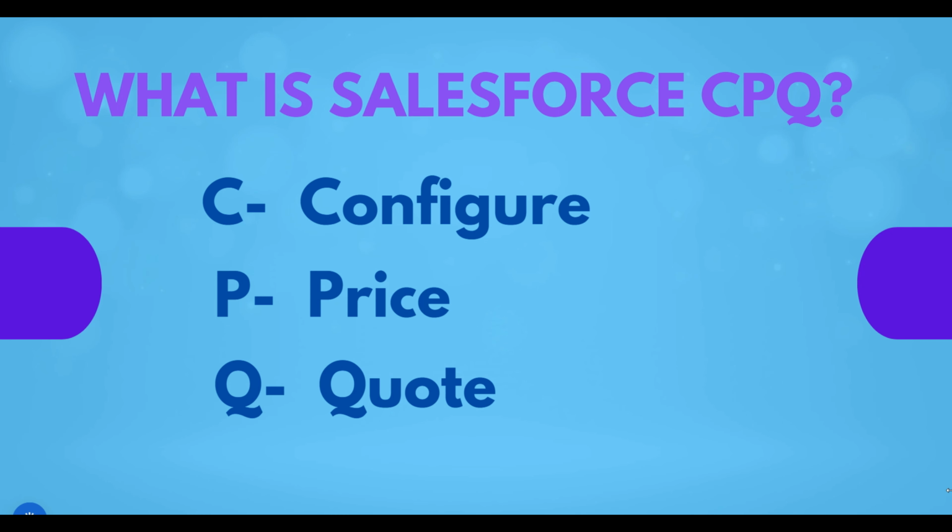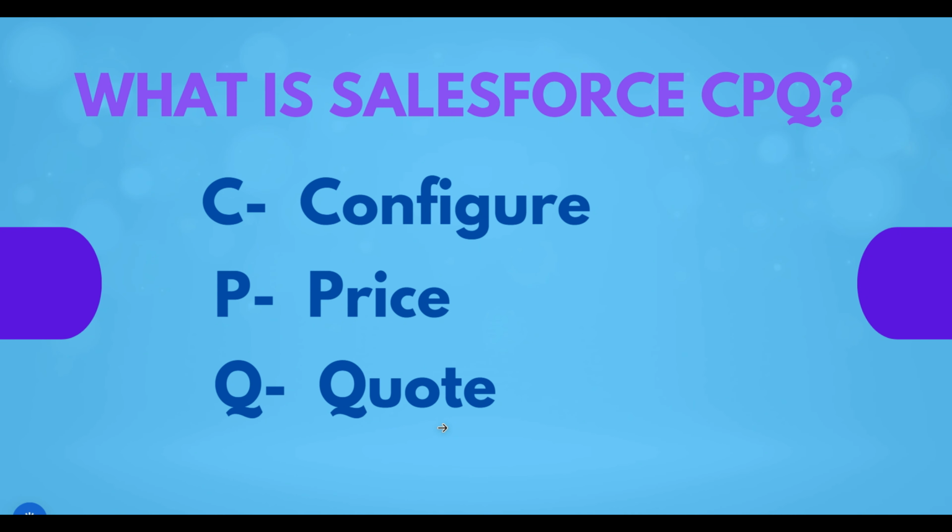So let's start with the basics. CPQ stands for configuration, price and quote. In simple terms, it is a sales process and technology used by businesses to streamline how they sell products or services to customers.